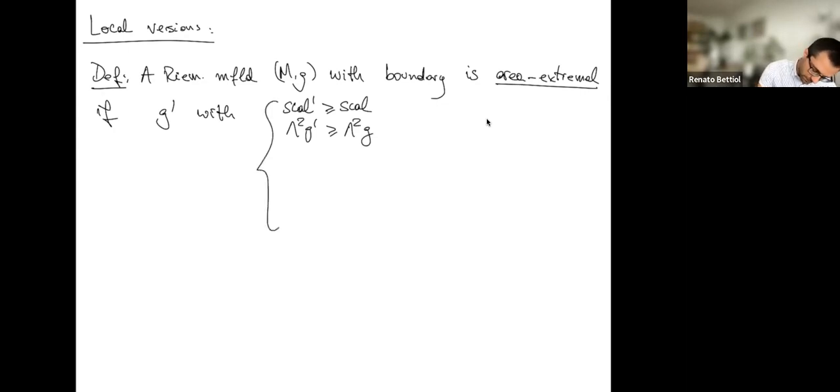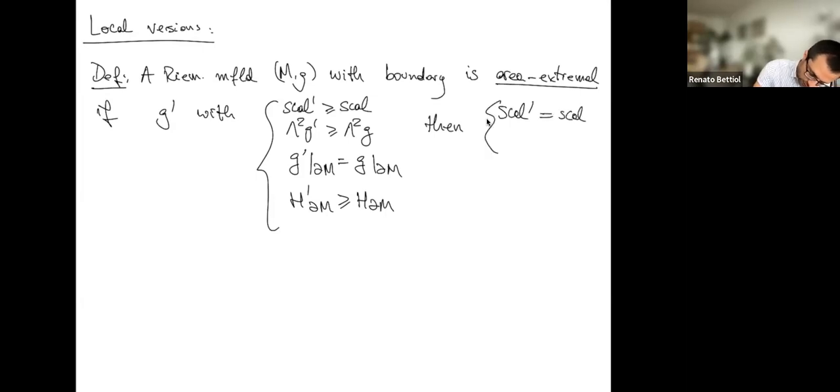But now I need to add something about the boundaries. I would like the boundaries to be isometric. I'd like the tensors to be the same along the boundary. So this is a little bit stronger than in some other similar results. And the mean curvatures also compare. So the mean curvature with respect to the prime metric is bigger or equal than the original mean curvature. So if you have a new competitor metric with all these inequalities, then equality must hold on the curvature inequalities. So scalar curvatures are actually the same, and mean curvatures of the boundary are also the same. Okay, so that's area extremality for the purposes below.